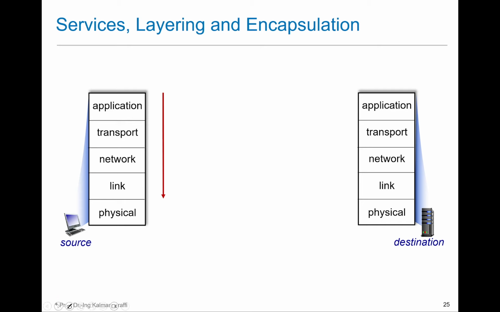Then we have the network layer with the addressing across the whole internet, so that we have unique addresses, IP version 4 and IP version 6 addresses.